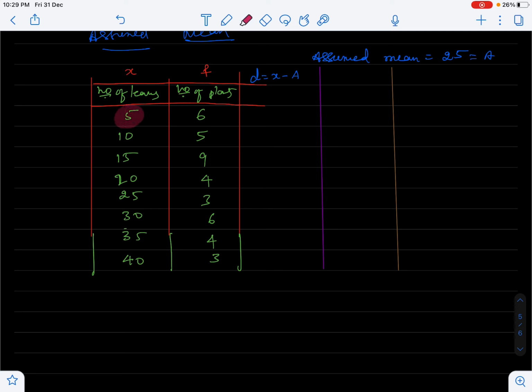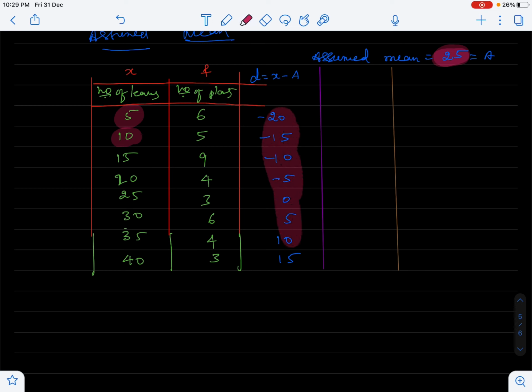So 5 minus 25 is minus 20, and 10 minus 25 will be minus 15, and so on. We get these values of deviations from the assumed mean.